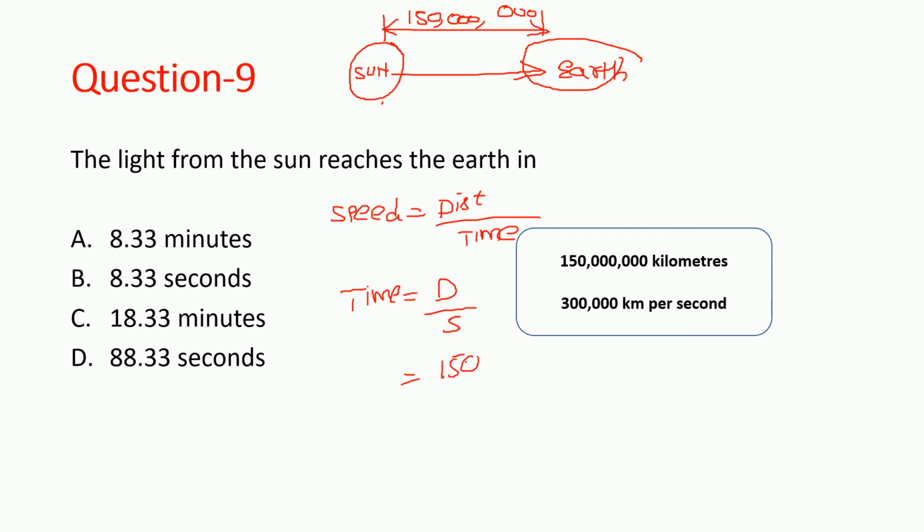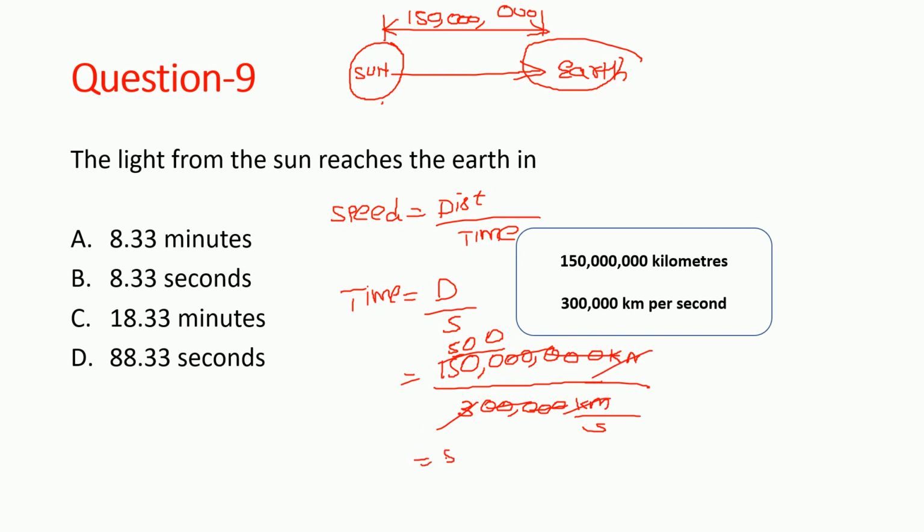So we take the distance 150,000,000 divided by the speed of light, 3 into 10 to the power of 5 kilometers per second. If we cancel 5 zeros, 3 fives are 500. The kilometers cancel, and the denominator goes to the numerator. So it comes as 500 seconds. Time equals 500 seconds.